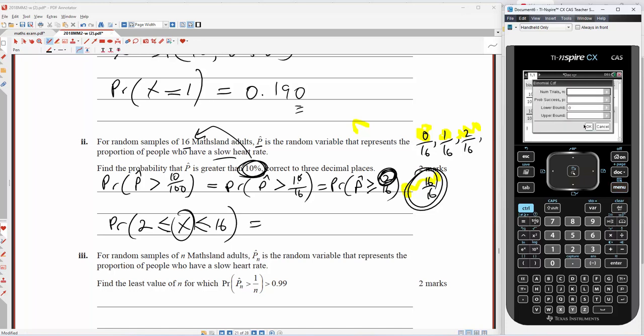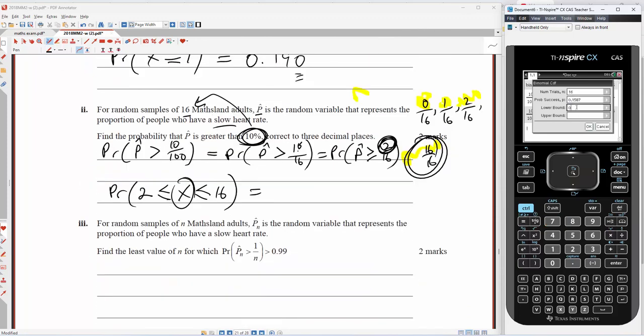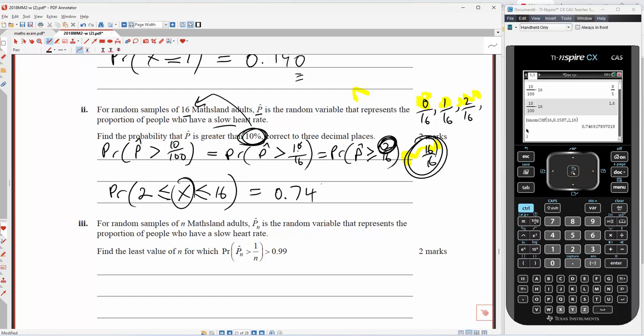Let's use that. So we're doing it 16 in the sample. Chance of success 0.1587, I think it was. And we're summing together samples of 2 all the way up to 16. That's what we want to know. What are the chances of this happening? 0.747.